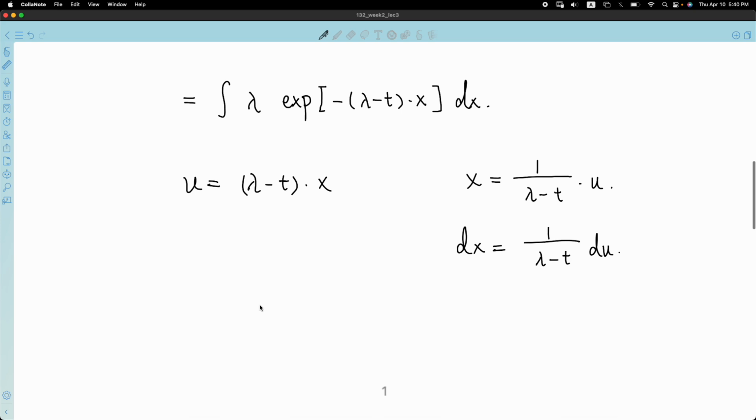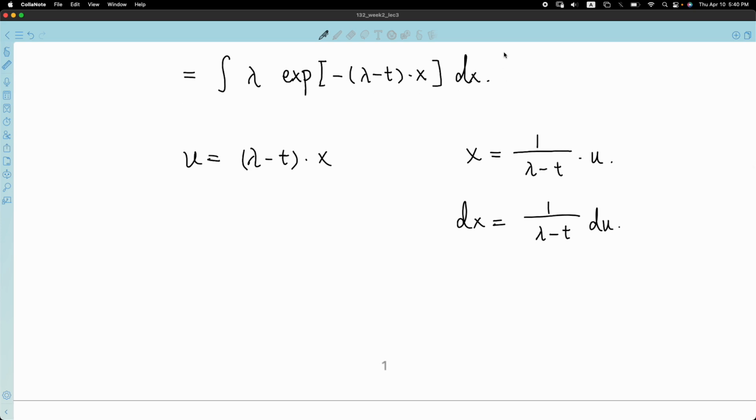Okay, so next let's plug in the terms that we have here inside the integral. Okay, so we have the lambda here, and then exponential of that after the change of variable, it's just the exp negative u. And then dx, we are going to write it in this way. So we essentially just have a 1 over lambda minus t, a constant, multiplied by du.